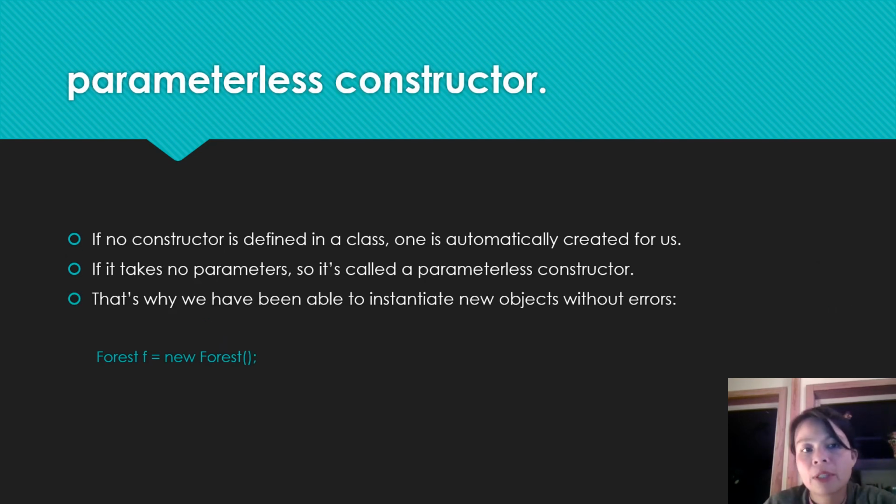You can have a constructor without parameters. If no constructor is defined in the class, one is automatically created for us. If it takes no parameters, it's called a parameterless constructor. That's why we've been able to instantiate new objects without errors. So it will look like this.